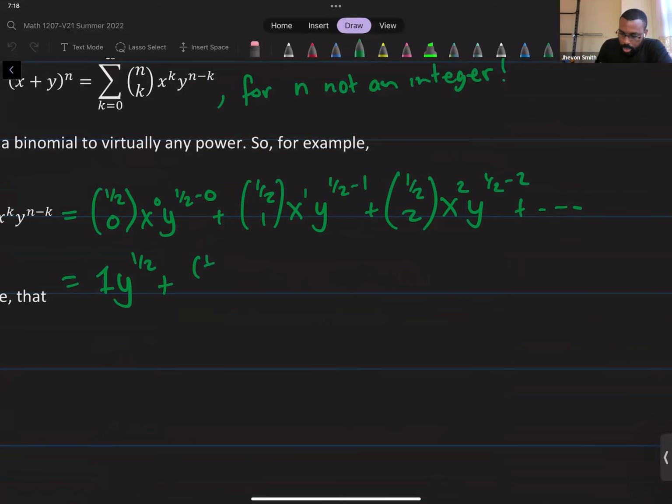So then it's going to be a half. It would just actually be a half because on the bottom, it's going to be 1 factorial. Then it's going to be a half times a half minus 1 over 2 factorial.